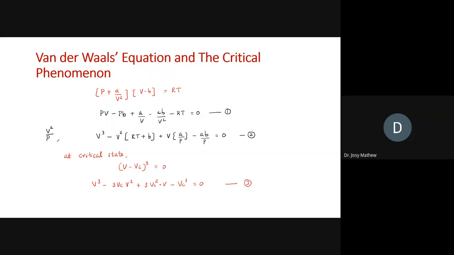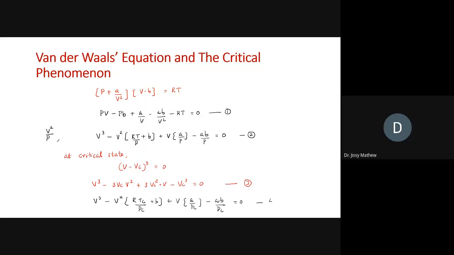So equation 2 now turns to the form V³ − V²(RTc/Pc + b) + V(a/Pc) − ab/Pc = 0.